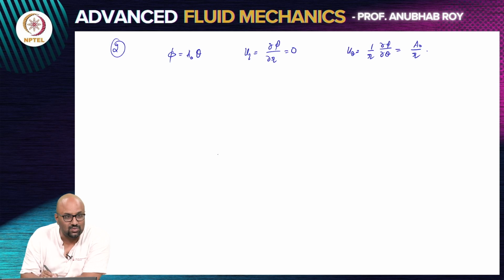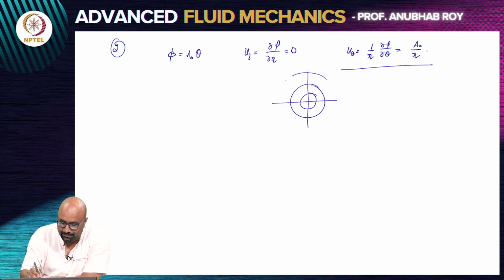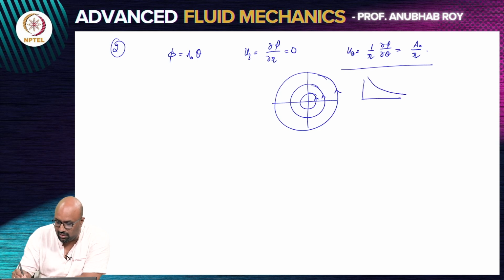We have seen this when we got introduced to vorticity. We saw this kind of a velocity profile, a u theta that goes as 1 over r. This is what we called a point vortex or an irrotational vortex. If I were to plot my u theta as a function of radial coordinate, u theta decays as 1 over r.